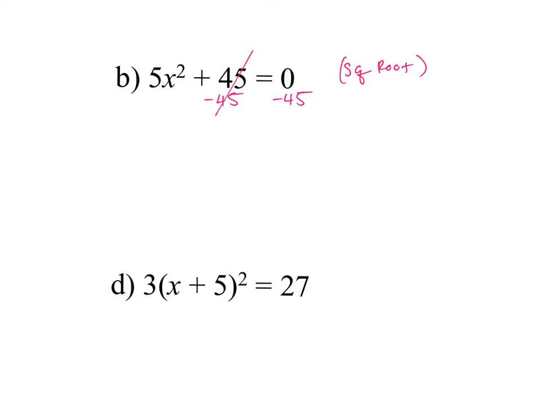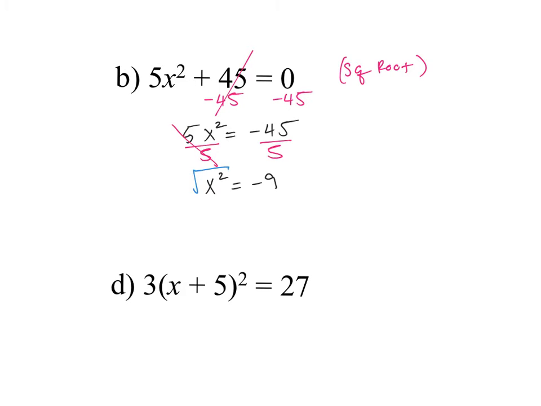So it's easier to move the 45 over first, because I only have to do that once. So now this is negative 45 on this side. Now I can try to divide off 5. And so if I divide that off, x squared comes down, and this is negative 9 on this side, because negative 45 divided by 5 is negative 9.